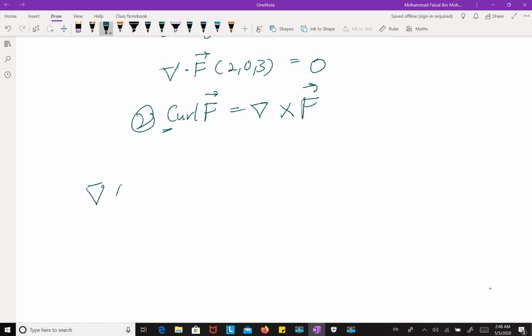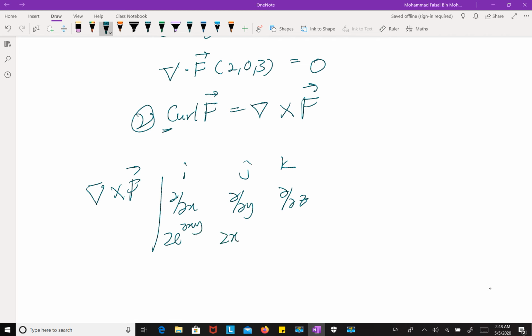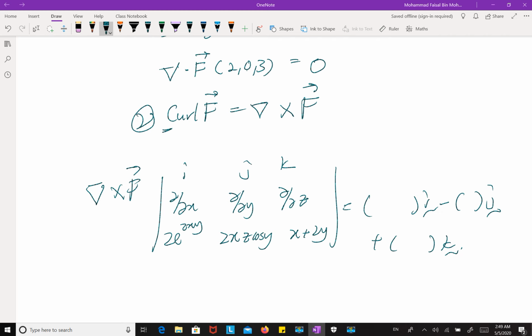So del cross F is the determinant with i j k, del over del x, del over del y, del over del z, and z e to the power of 2xy, 2xz cos y, x plus 2y. Remember, you will get i minus something j plus something k. You have to cover the first row and first column, first row and second column, and first row and third column.